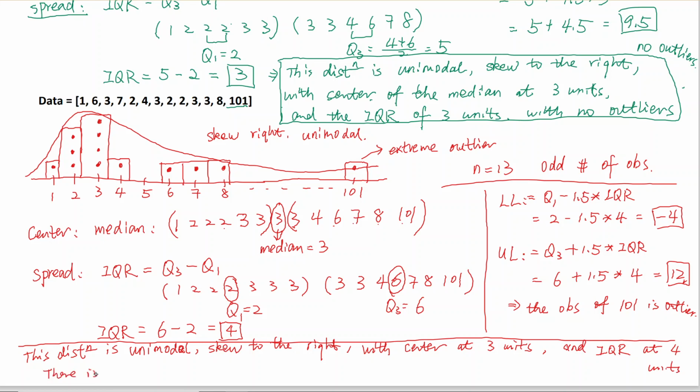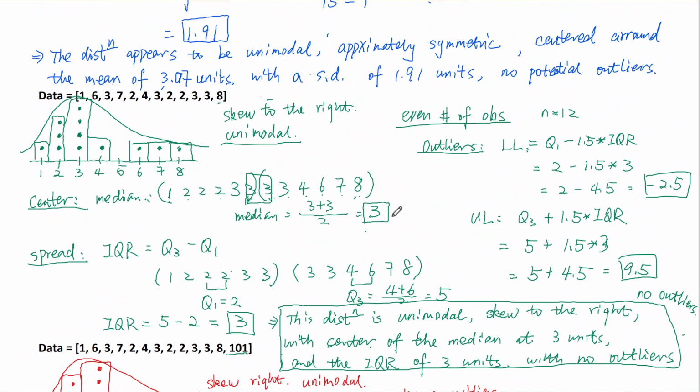There is also an extreme outlier at 101 units.